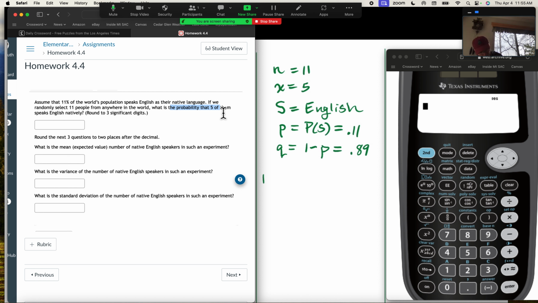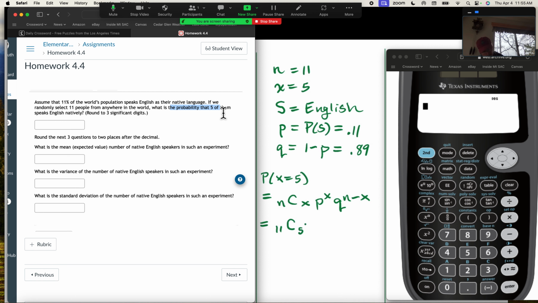It's the probability that x is 5, pardon the dog, is n choose x, p to the x, q to the n minus x. Okay, so n choose x, that's 11 choose 5.